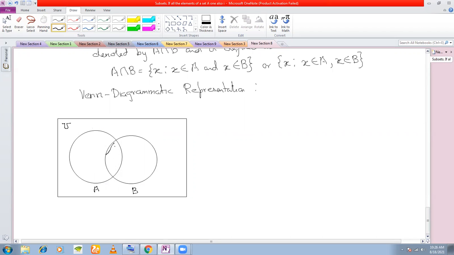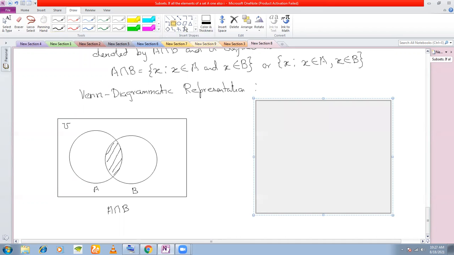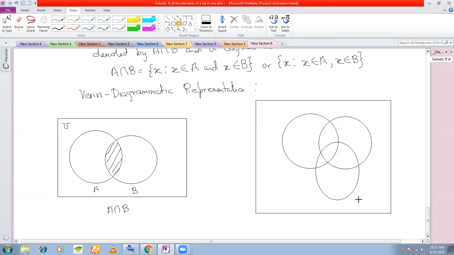The intersection will be represented by this part in Venn diagrams. So this is A intersection B. For three sets, the intersection will be the common part of these circles.